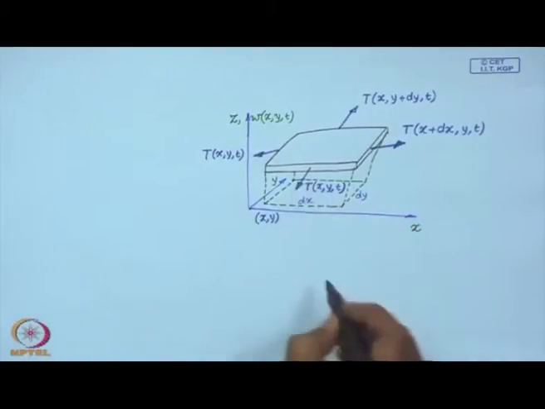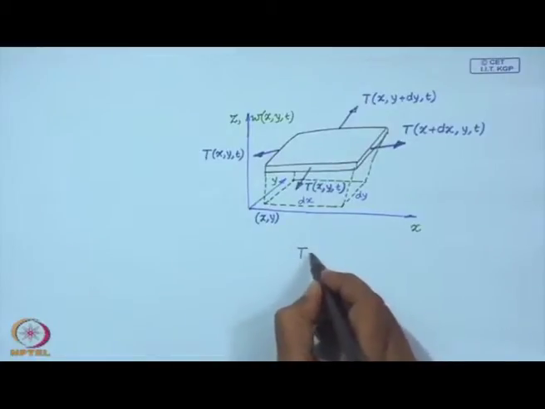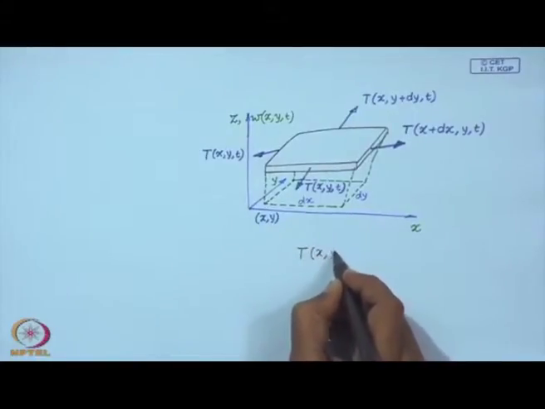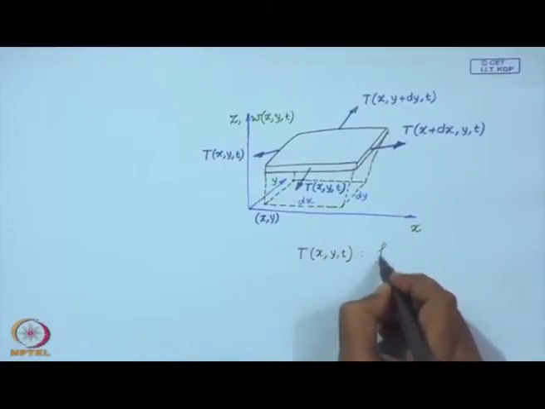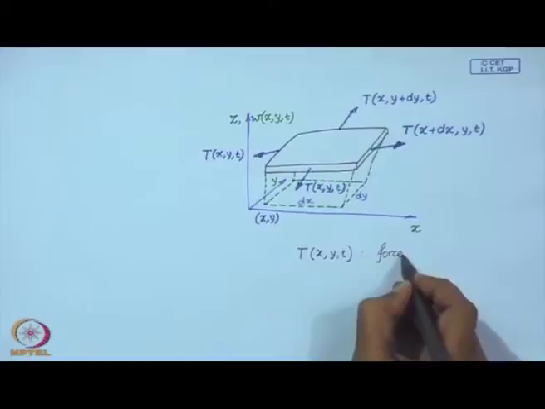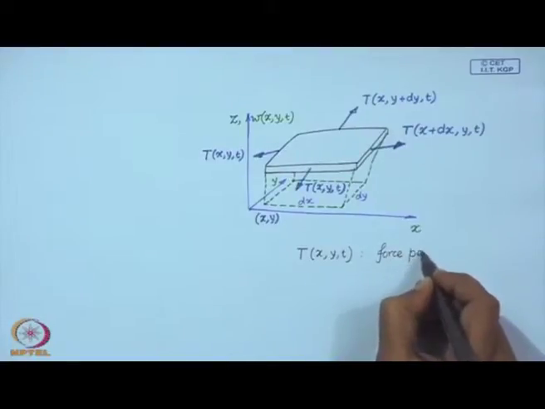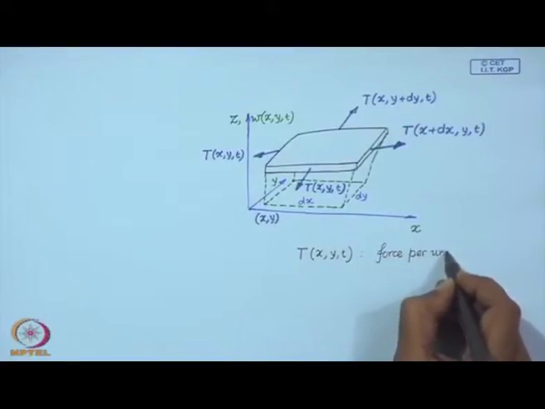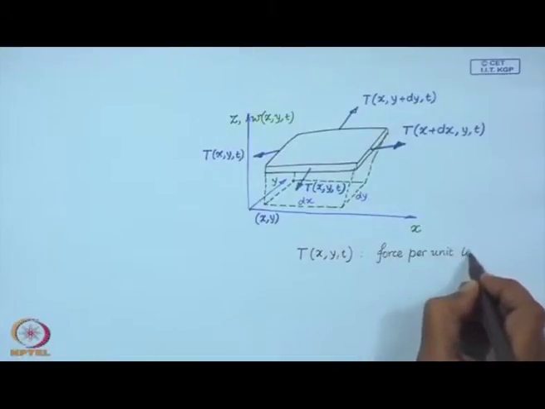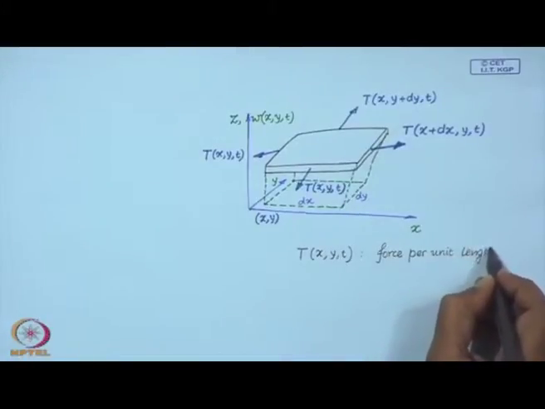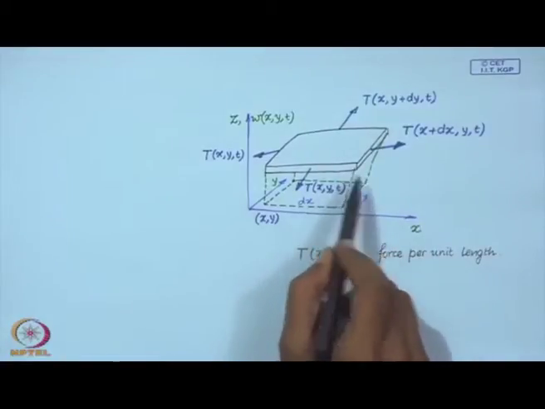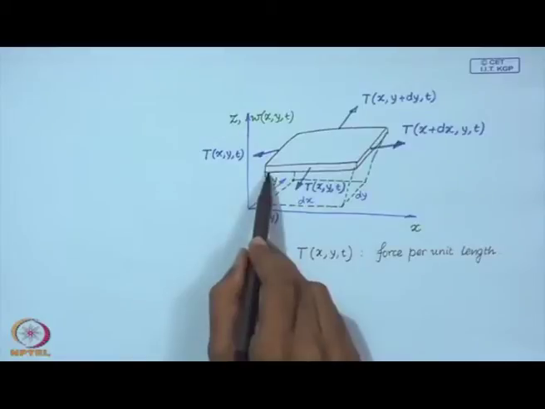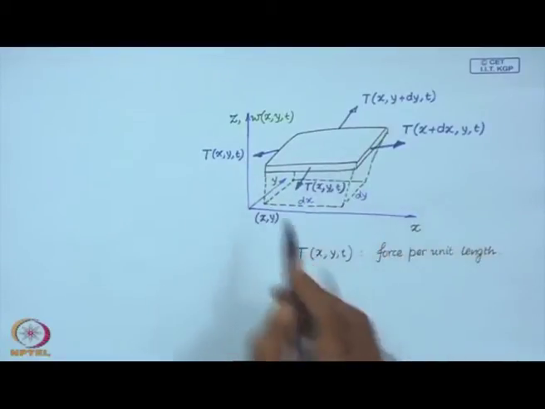Now, here this T is the force per unit length. You can think in this way that there will be stresses on this cut.